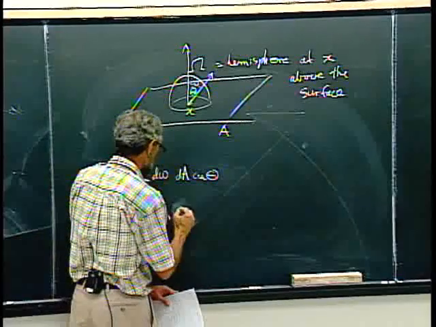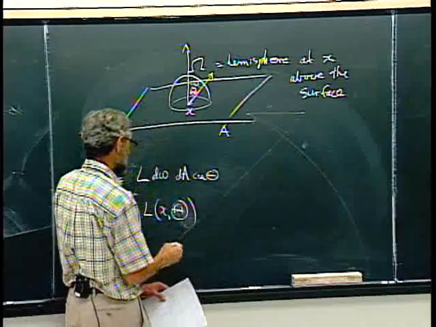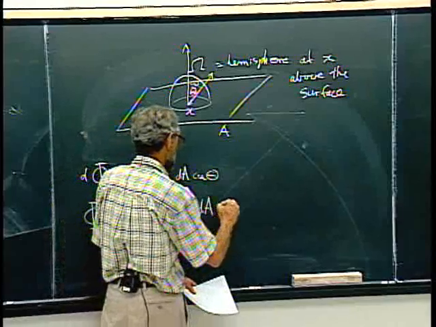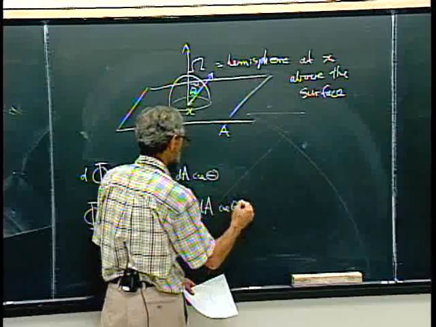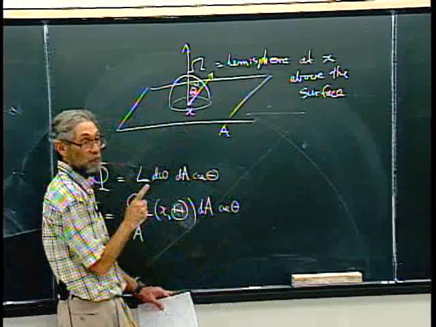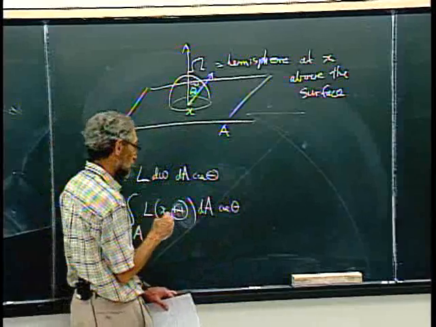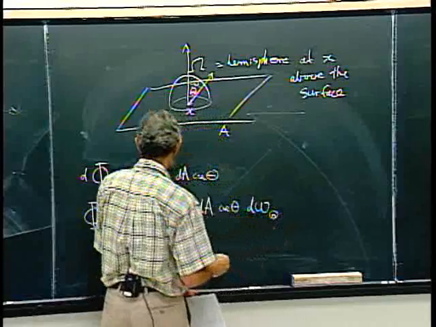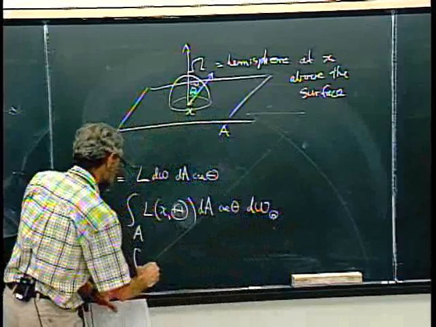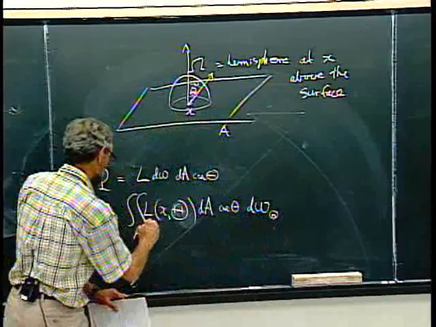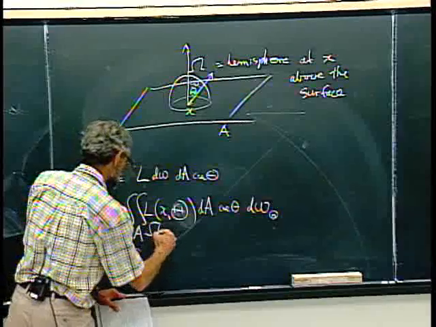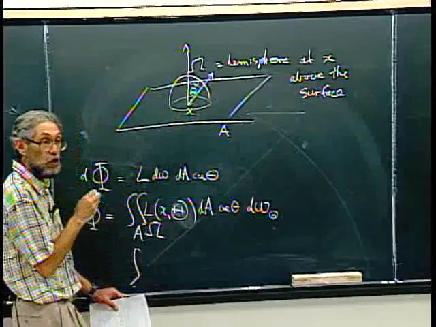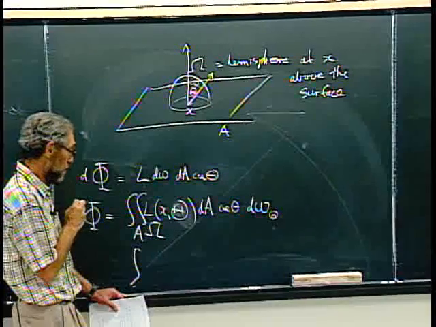So maybe I just call it Θ. Put a capital Θ in here: dA cosine lowercase θ, which is one of the two components of specifying capital Θ in these spherical coordinates, dω of this capital Θ. And in fact, the way the book writes it, I also have to integrate with respect to dω over this whole hemisphere, because I'm trying to include the light that comes from the whole hemisphere.